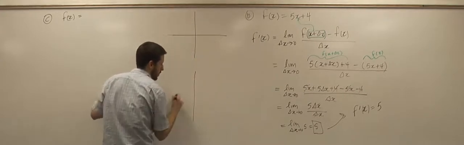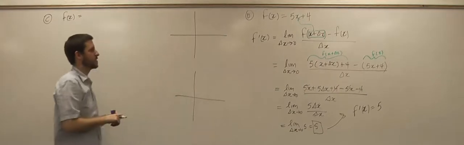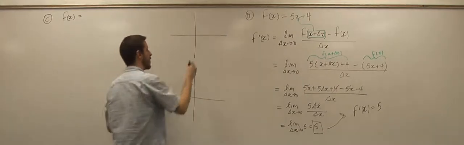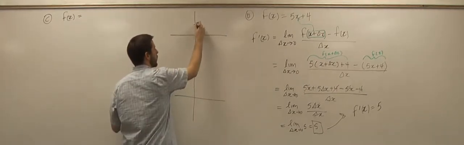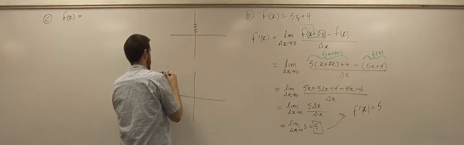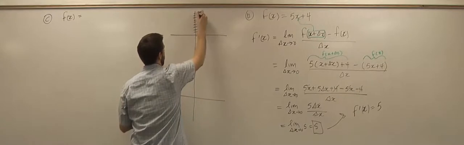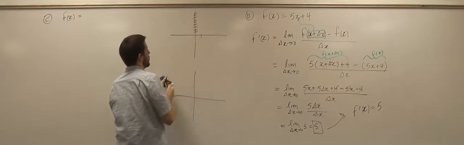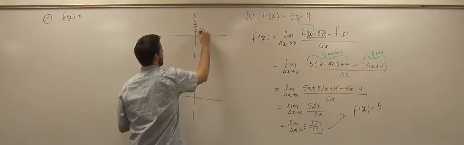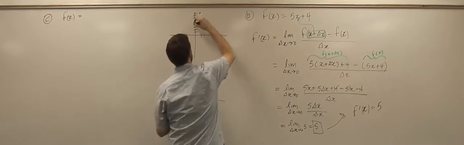What's the graph of f of x? Just a line. It's a line going through 4, with slope 5. So it goes 1, 2, 3, 4, 5 over 1.